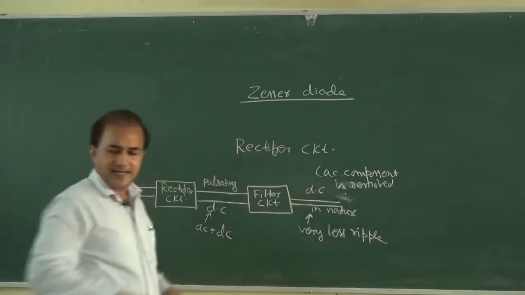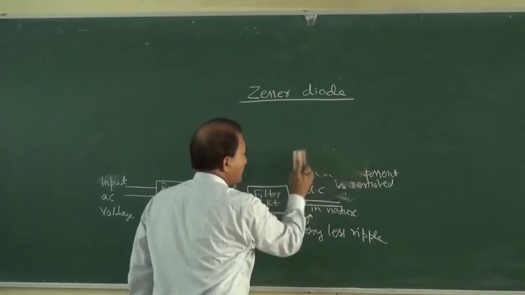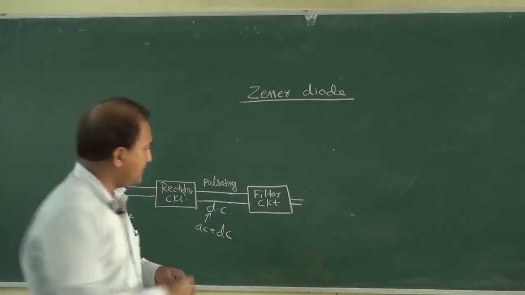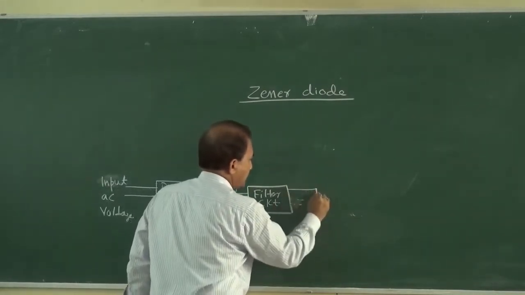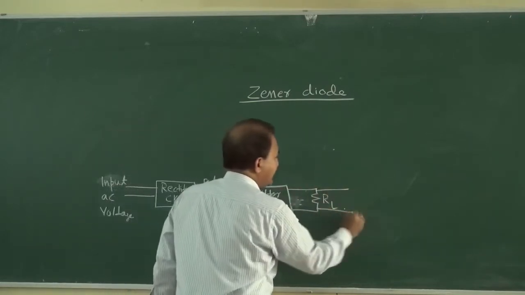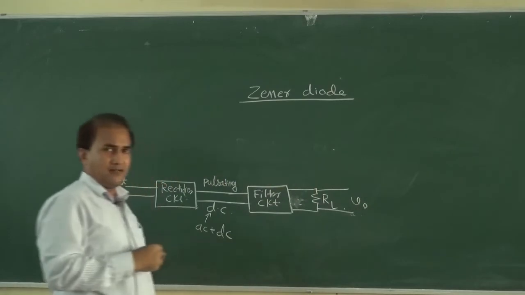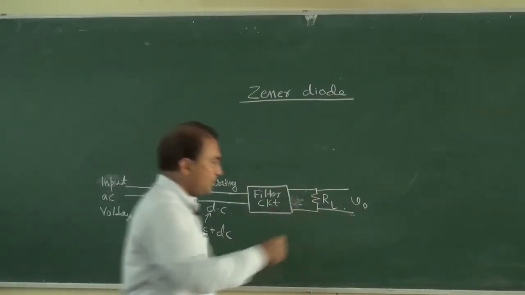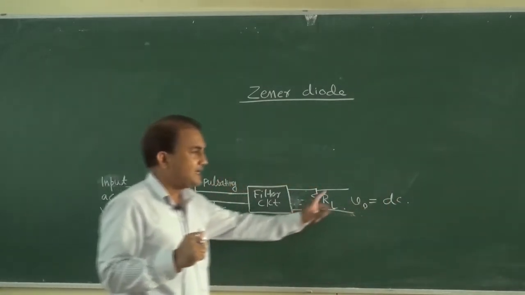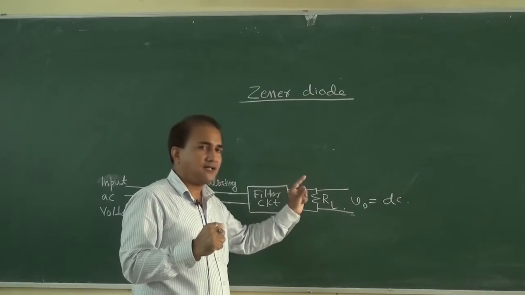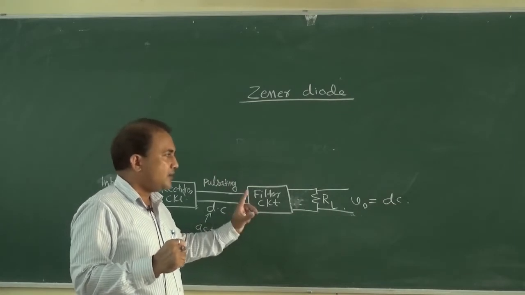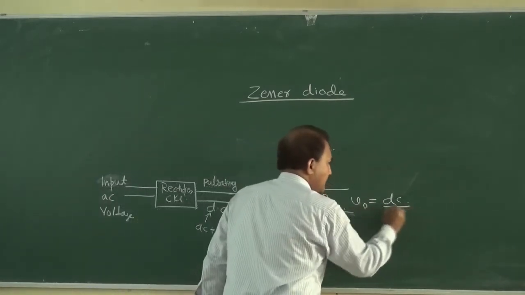So for this filter circuit, suppose this is RL, and we are taking DC out across RL. The voltage here is DC in nature, complete DC, that is ripple free. Very little ripple is present in the output of this filter circuit, so this DC is produced.